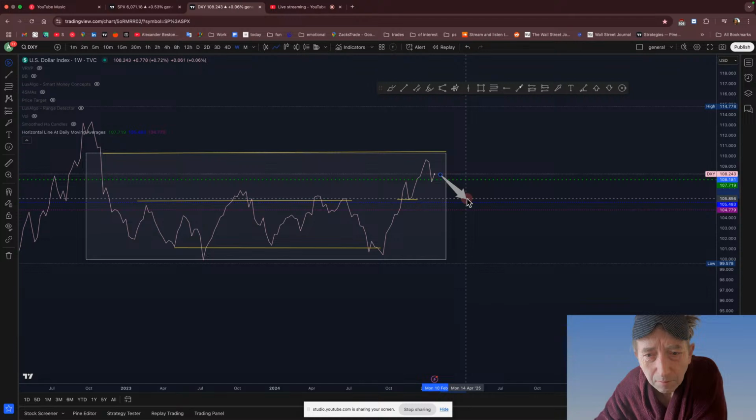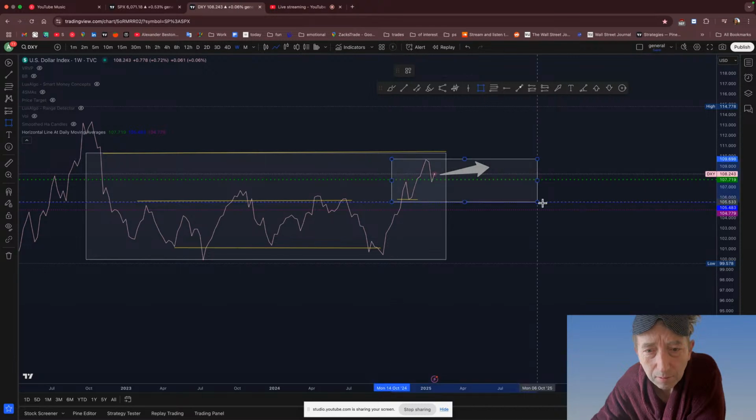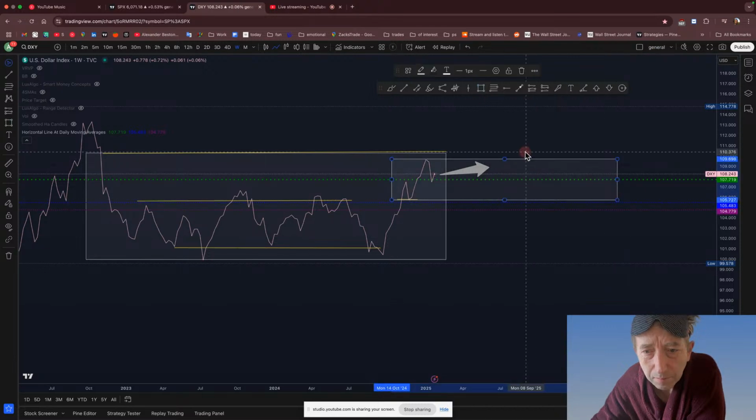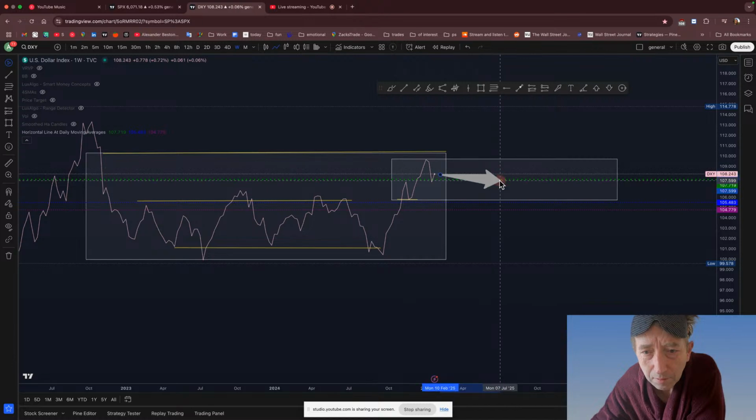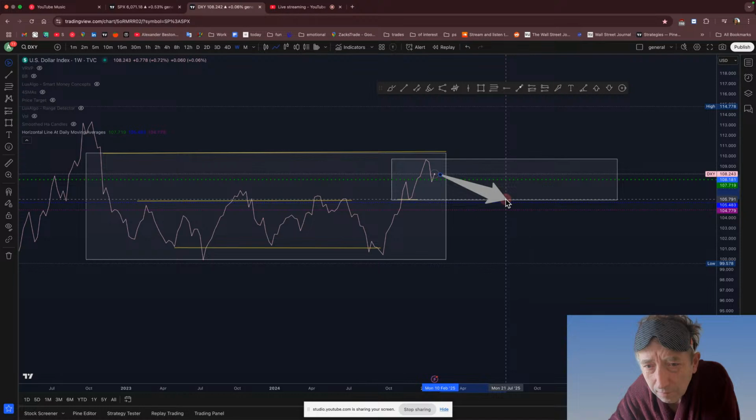particularly if they see what Trump is up to next, and then it just falls in a new range, which could be around here, something like that. We have no real idea what's happening. So it would bounce around the 109, 105.